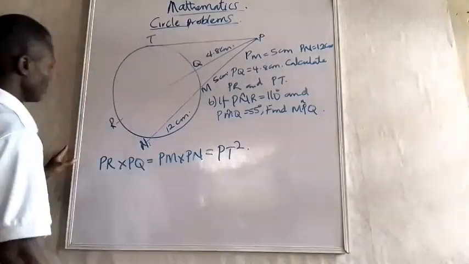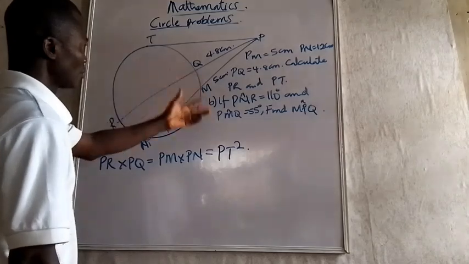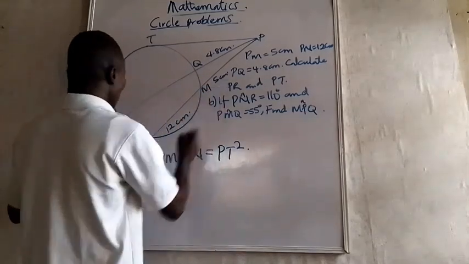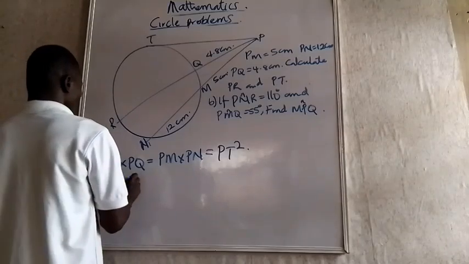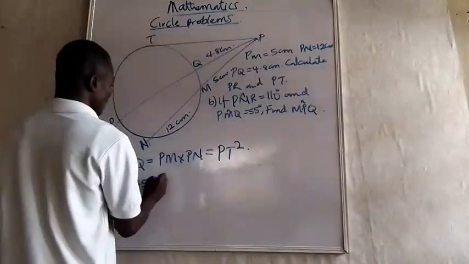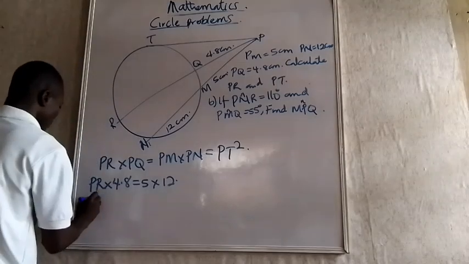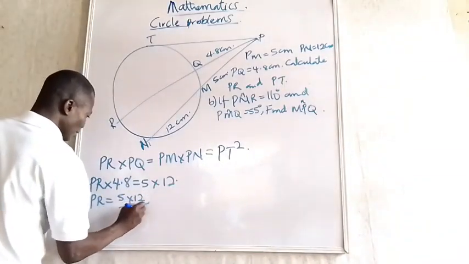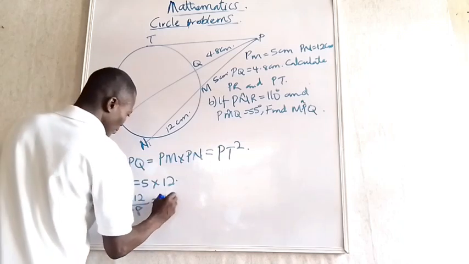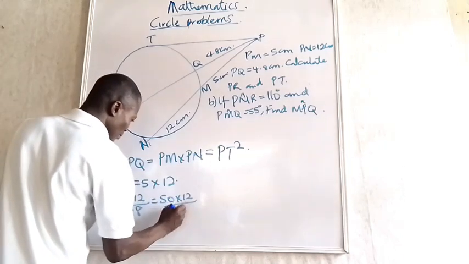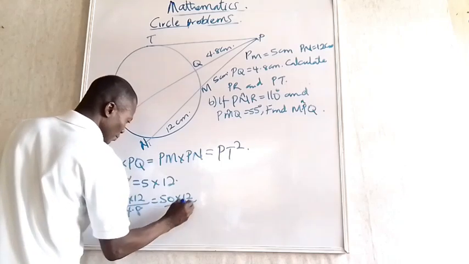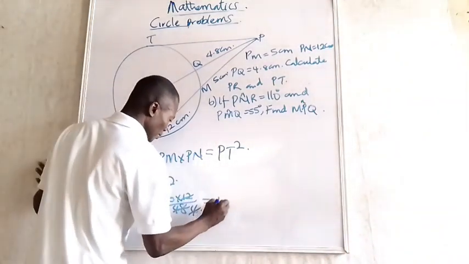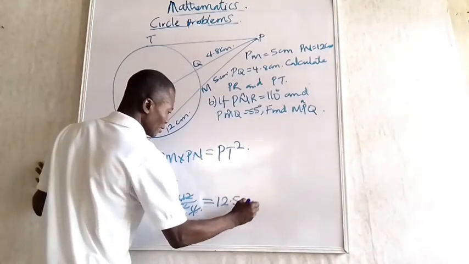Now, what are the values given? We are asked to find PR. PR, what is PQ? 4.8 is equal to 5 times 12. So PR is equal to 5 times 12 divided by 4.8. So this is 12.5 centimeter.